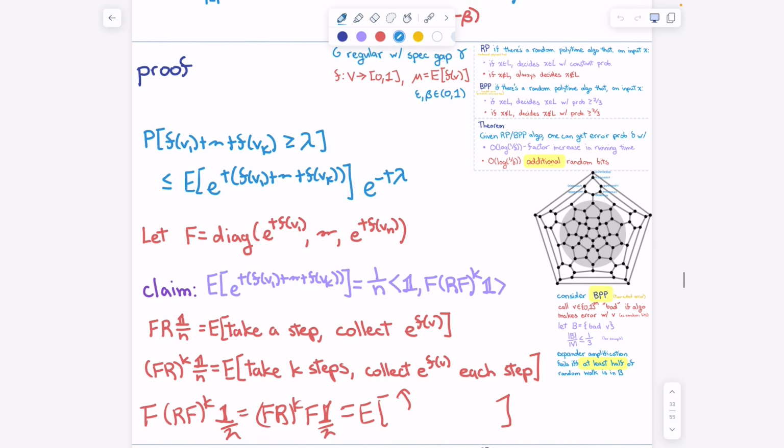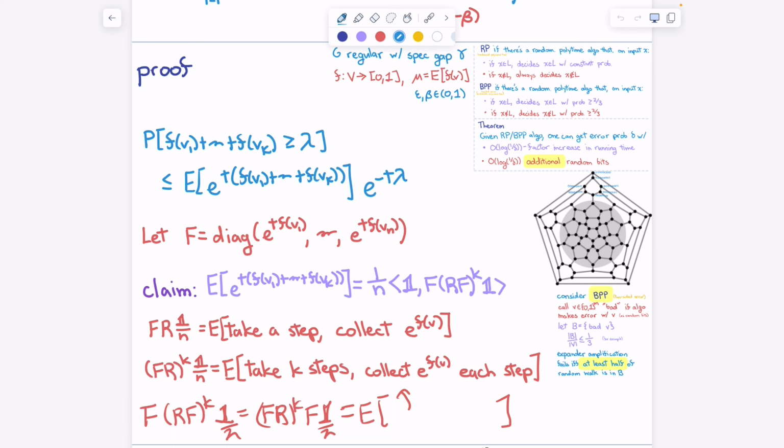Here's where we kind of left off. The first two steps are standard from Chernoff style proofs, for those with standard backgrounds in Chernoff bound proofs. You start with, okay, what are the odds that the sum is at least lambda, for some value lambda we'll choose later? And you exponentiate both sides first.